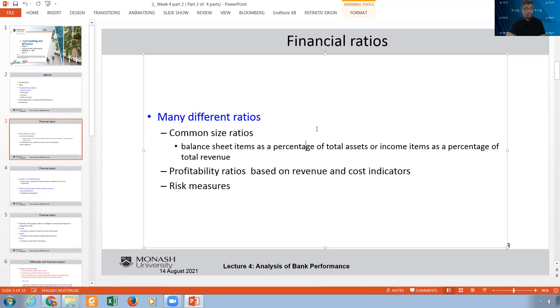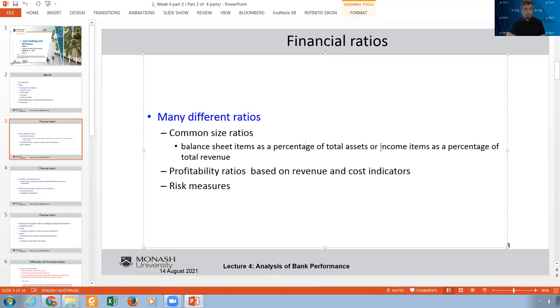in the balance sheet, we are talking about the leverage ratio. The leverage ratio is you can take equity over total assets, or you can take liabilities over total assets. And these are all measures of leverage.